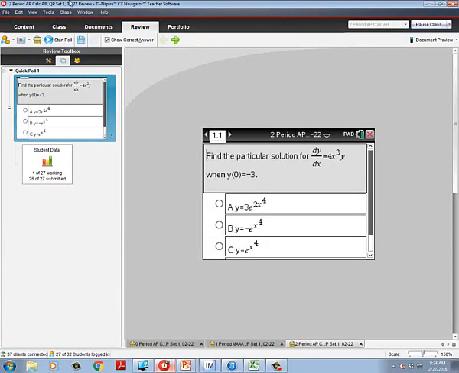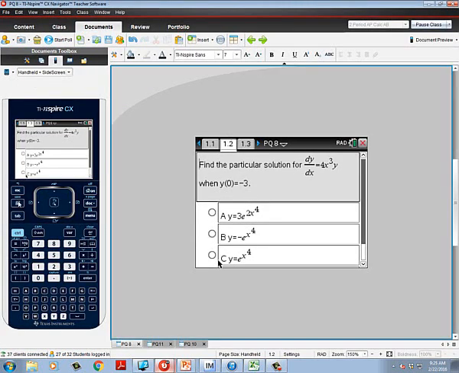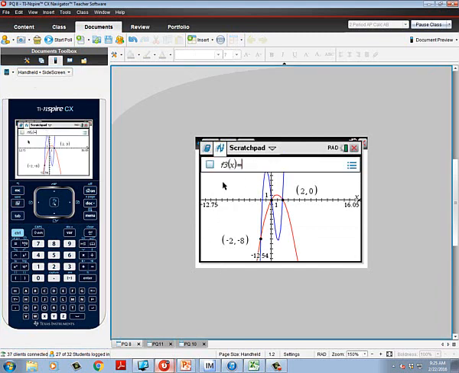So let's see if I go to my scratch pad here. The first one should look like that, and that's my blue one. Not your zeros, sorry, your intersection points. Once you get that one done, there's the red one.